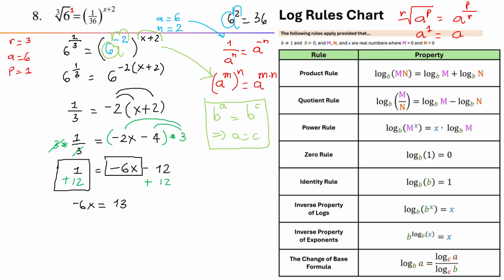I just switch the side. It's the same, it's equivalent. Now I will divide both sides by negative 6. So that is cancelled, and then we will have x equal to negative 13 over 6.